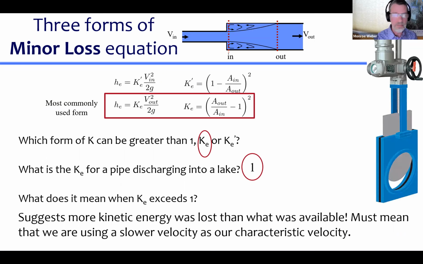And here's a case of that. Take this gate valve. If you were calculating the K for flow through the gate valve, the only velocity that you can calculate is based on the diameter of the opening, or the diameter of the pipe opening, whichever you prefer, because you don't know how far closed this gate valve is going to be.